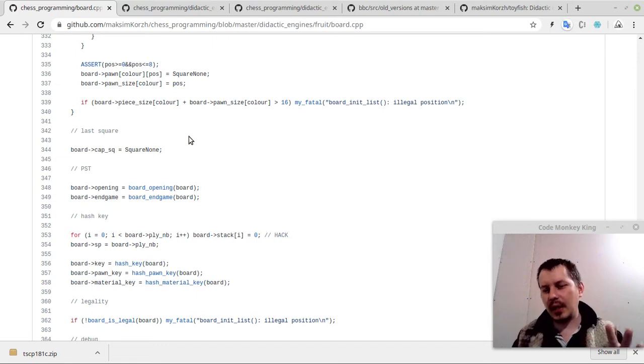Fruit itself is a relatively complicated engine, but the way it's written, for its complexity, is definitely the simplest possible way, with very complicated stuff presented in a really user-friendly, didactic way, considering its time and how strong and capable it is.